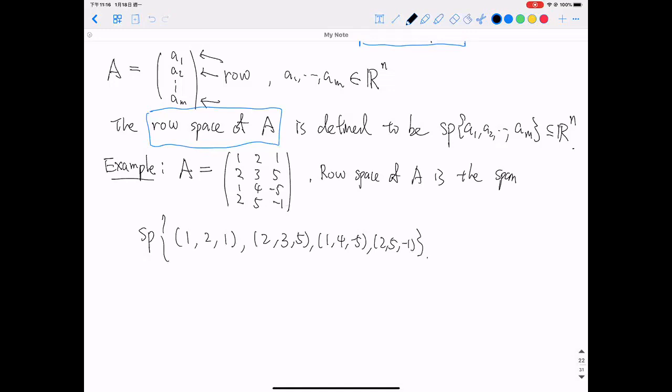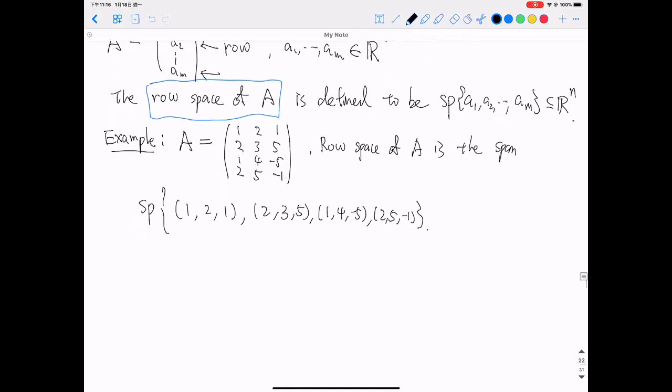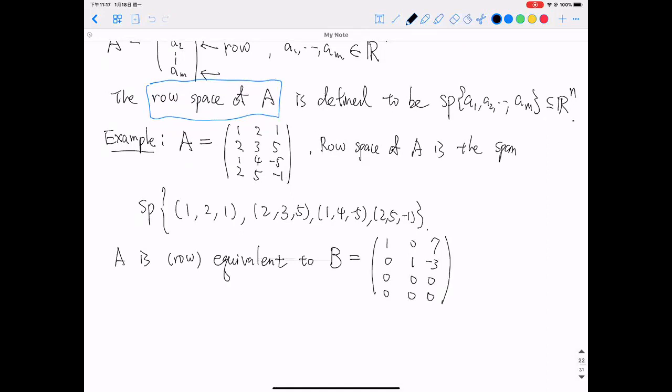Now you can perform row operations to make A into reduced row echelon form. And in this case, after you actually do the work, we get the reduced row echelon form of A to be this matrix B here.